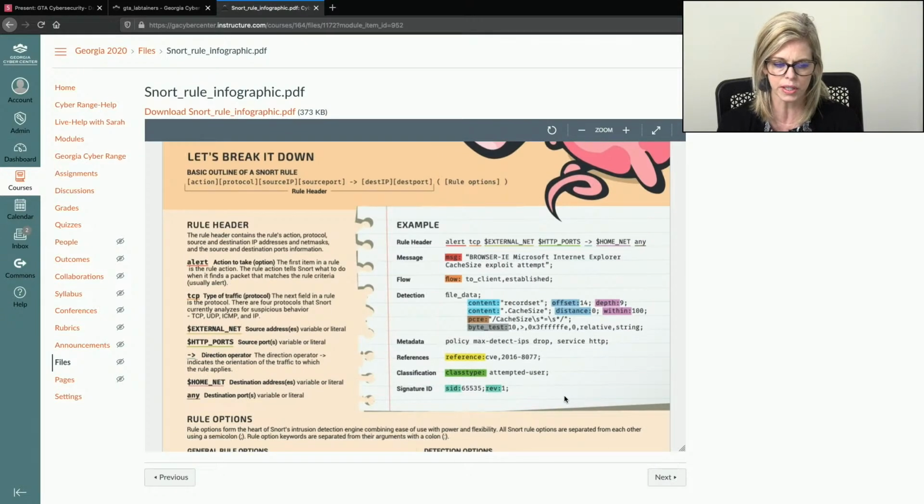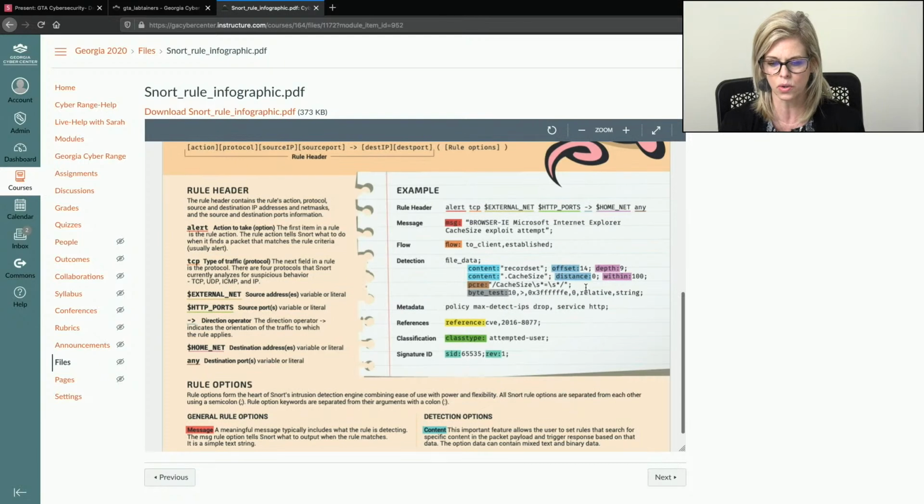Because when you're configuring these rules, you're going to need to consult the documentation for specific things like the content or the offset fields, to see how these are used in a rule. Content is a feature that allows a user to set rules that search for specific content in the packet payload.